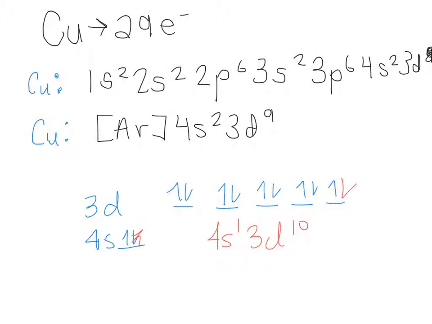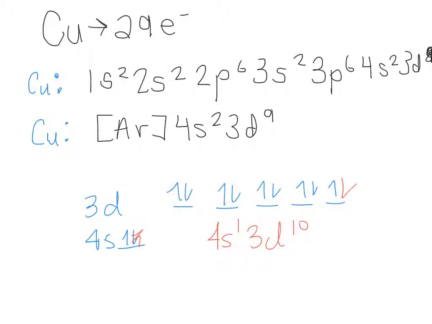And that's lower in energy. And that's why copper can form a 1+ ion, because it loses it from here. Some of them will have it in there, and it will lose those too. Okay, so that's why it can do that.